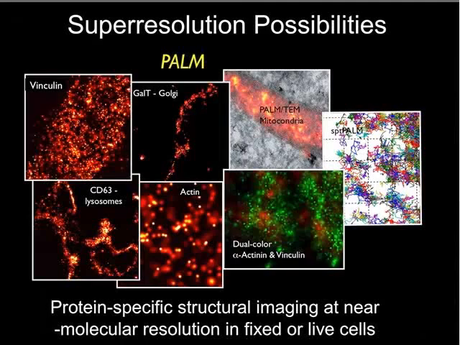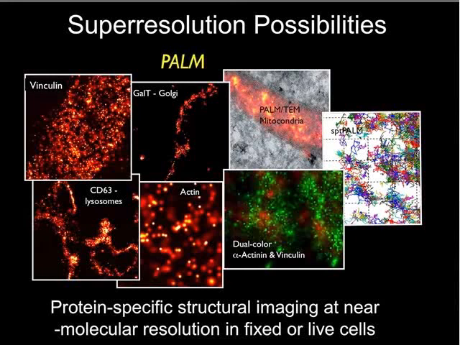I want to just sum up by saying that using both the diffraction limited as well as the super resolution imaging approaches with these new fluorescent photoactivatable, photoswitchable proteins as well as dyes is really opening up a whole slew of possibilities for live cell single molecule tracking as well as super resolution ultrastructural analysis.